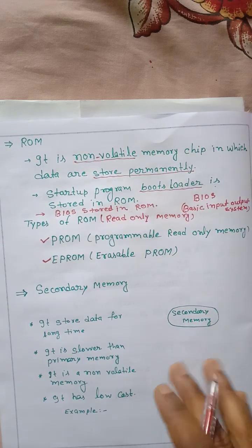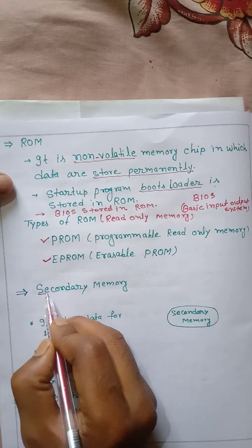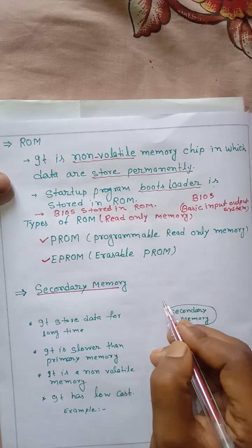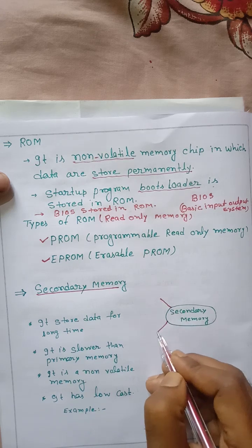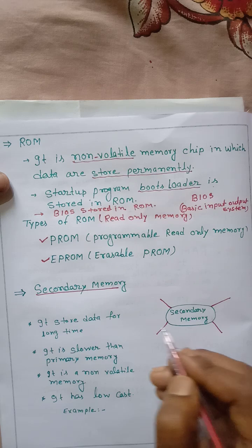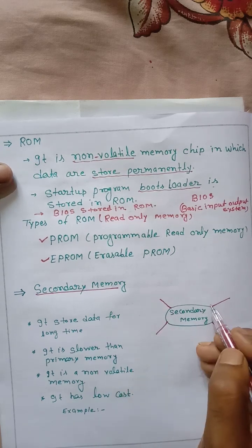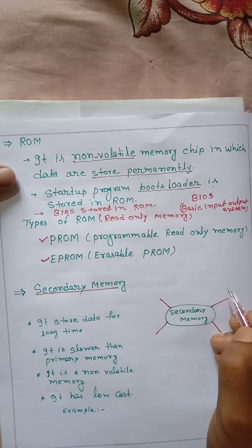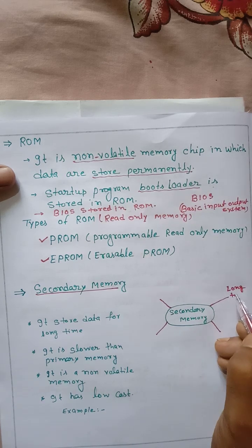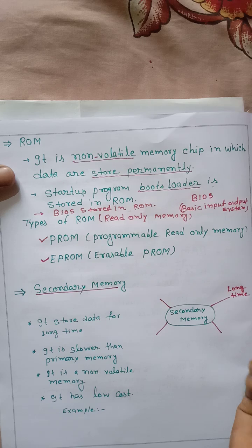Now we come to the secondary memory. If we prepare some points related to that, what will they be? It stores data for a long time, means permanently. You can say it stores data for a long time or till users need it.